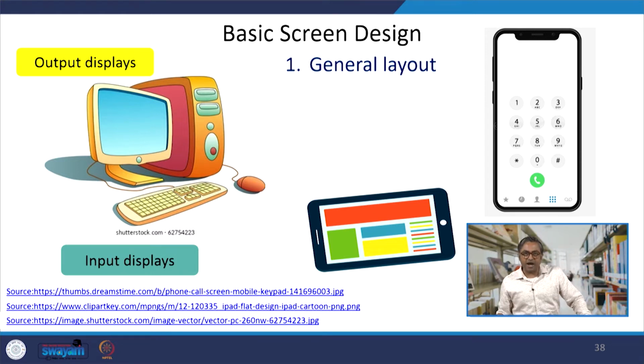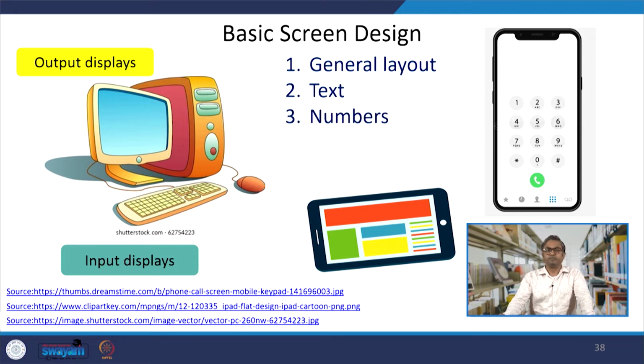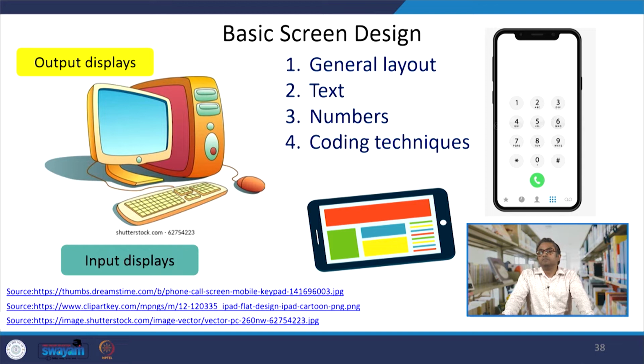The old keypad mobile phone which we had has the same alignment. How much text can you put there, so that it does not make the design clumsy, chaotic and creepy? The numbers, how can we align these numbers? The coding technique, different coding techniques provide different layouts.